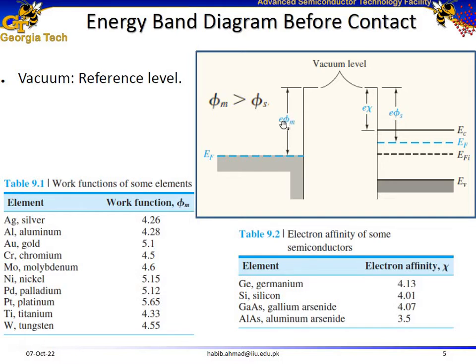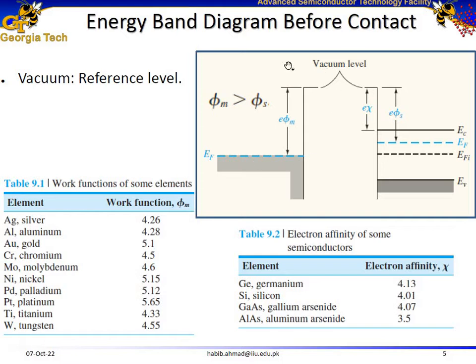Why do we have the q symbol over here? Because phi m is in volts and everything else over here, these are energy levels. So we multiply charge with the potential so that we can also represent this value in terms of electron volts or energy. Similarly, for gold, the work function is 5.1 volts.